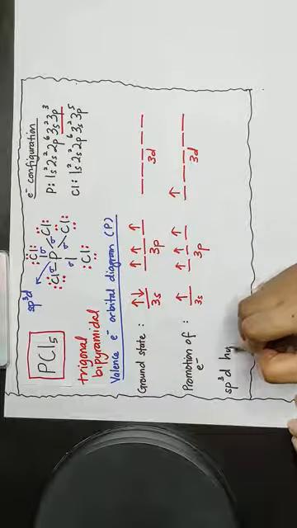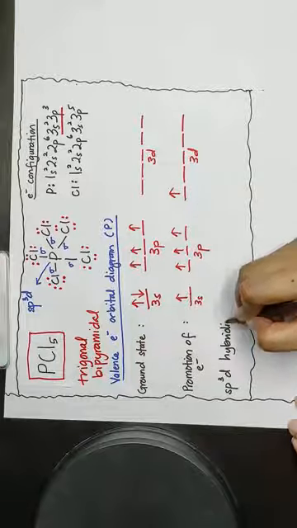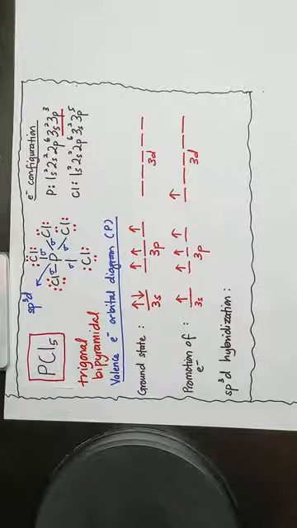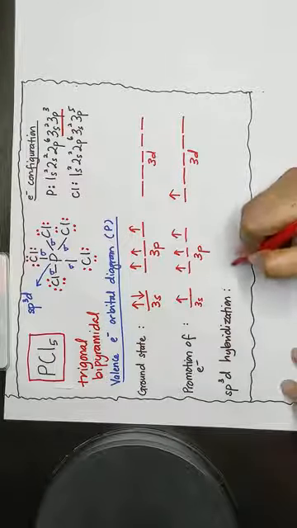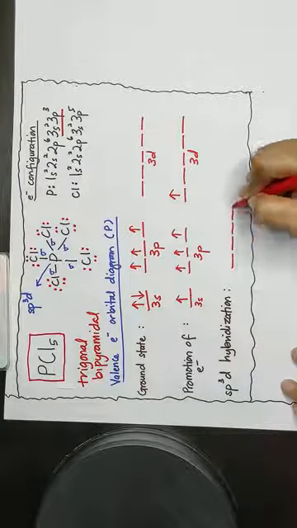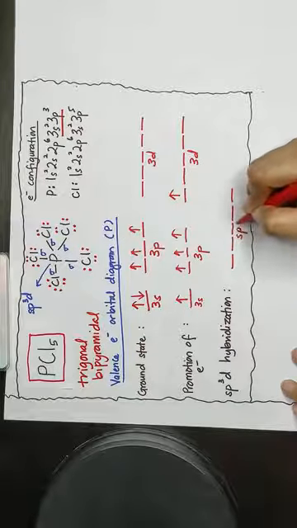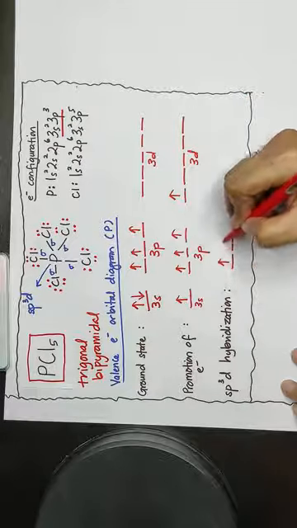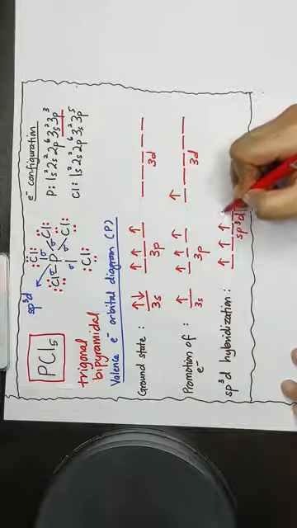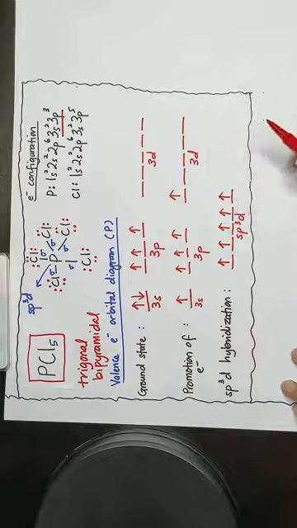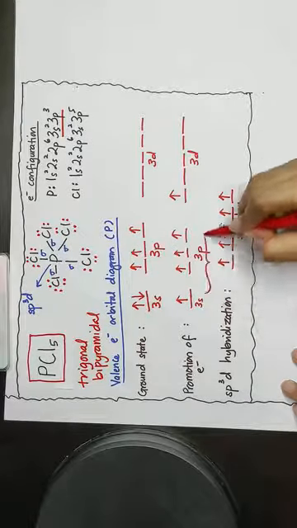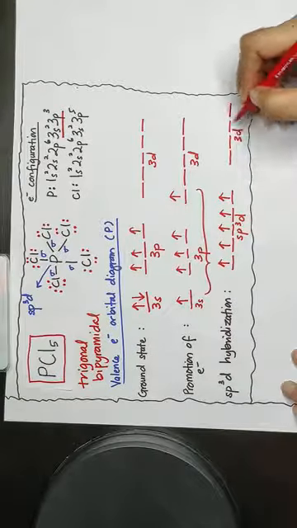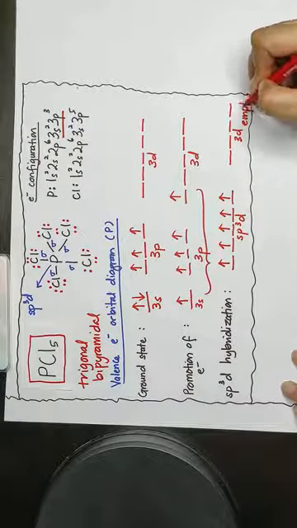The next step is sp3d hybridization. What happens after the mixing of orbitals? A new set of hybrid orbitals called sp3d is formed, which contains 5 unpaired electrons.